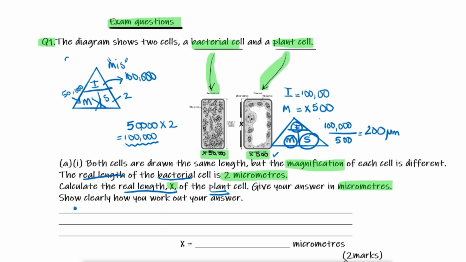So this would be step 1, and this would be step 2. You wouldn't have to draw the triangles, but what you could do is write 50,000 times 2 divided by 500, which gives you 200 micrometers.